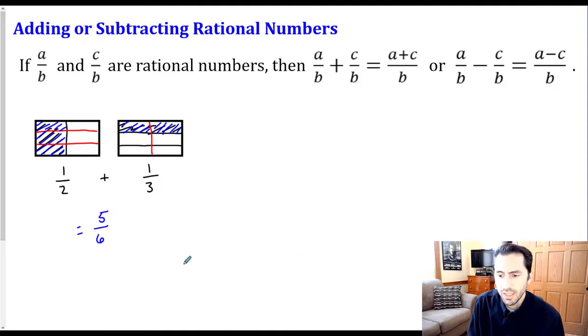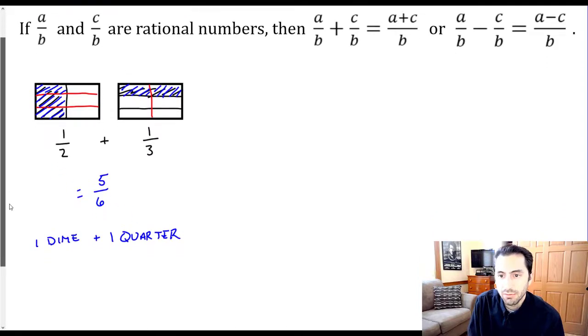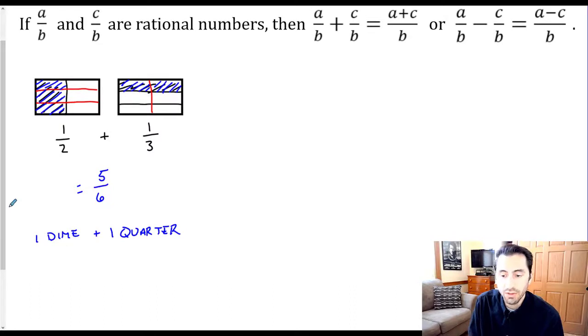And this idea is something we do all the time, especially when talking about money. For example, let's say I have 1 dime, and I have 1 quarter. Now, we already know how much money this is in total, but in our head, what we do is we convert these into something that's the same size. So the way it stands right now, dimes and quarters we can't combine together.